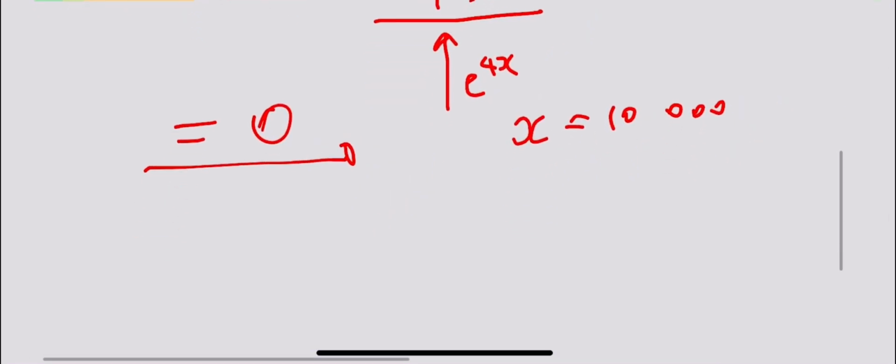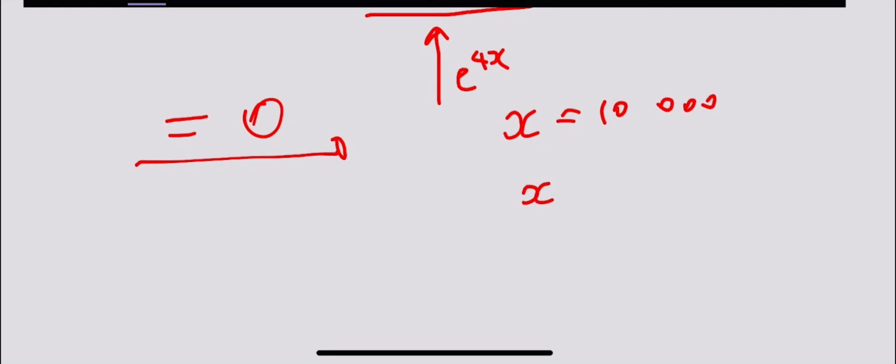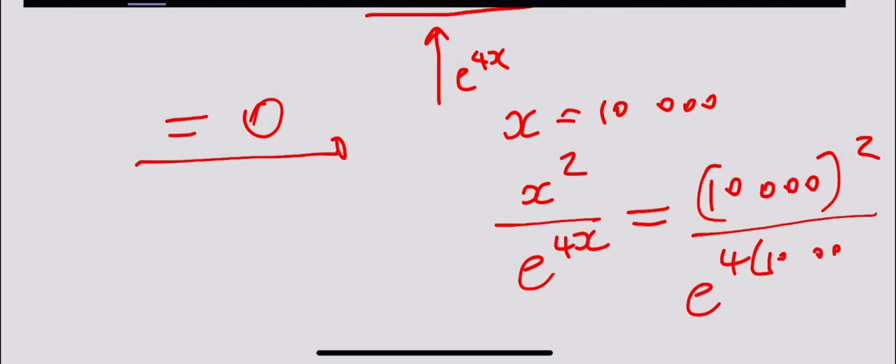If we substitute back into the new formula of x squared over e to the 4x, this will be 10,000 all squared divided by e to the power 4 times 10,000. The number in the denominator is very large, but the number in the numerator is also large, but as compared to the denominator, it's extremely smaller. Therefore, this whole number is going to approach 0.